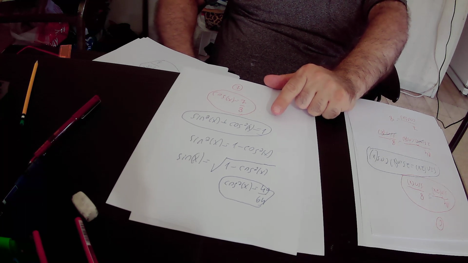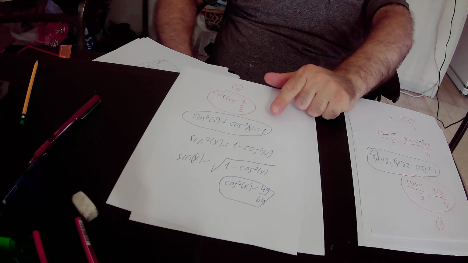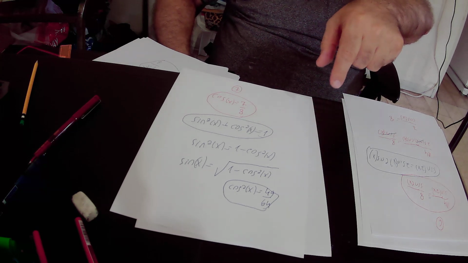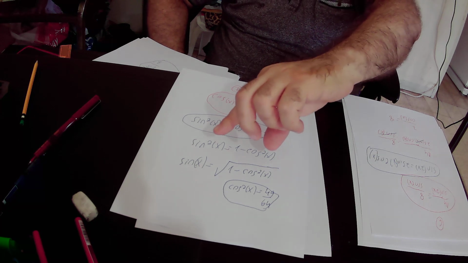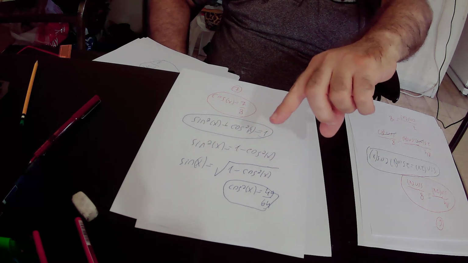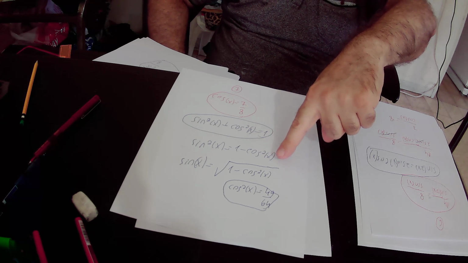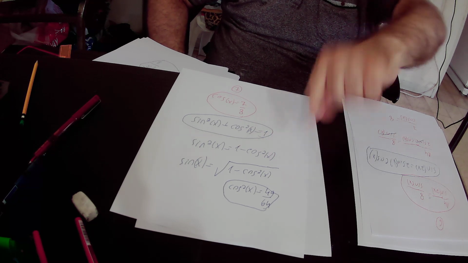Here we subtracted cosine square x, and then we took the root, and we got that sine x equals the root of 1 minus cosine square x.